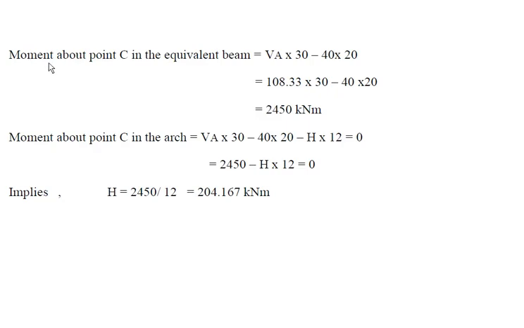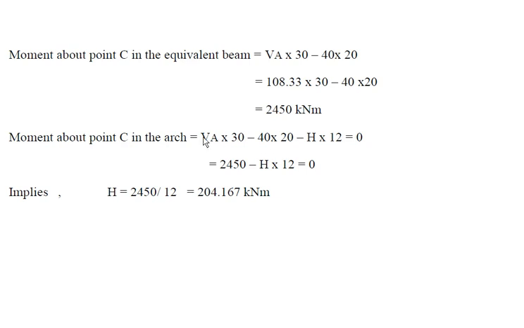Okay, so the moment about point C in the equivalent beam is VA into 30 minus 40 into 20. The value we have already calculated is 2450 kilonewton meter. The moment about point C in the arch is VA into 30 minus 40 into 20 minus H into 12.